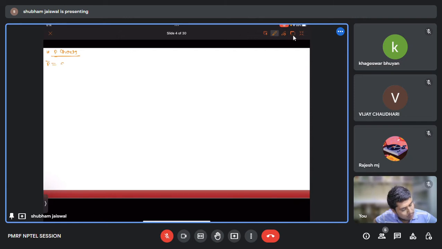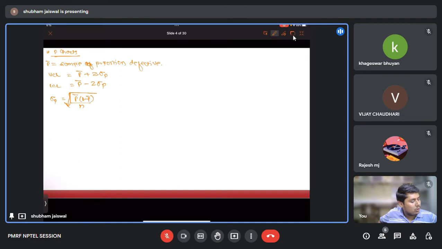P bar is nothing but the average proportion defective, and the upper control limit and lower control limit are given by P bar plus Z sigma P and P bar minus Z sigma P, and the standard deviation of proportion defective is given by the square root of P bar into 1 minus P bar divided by n, the whole thing under the root.